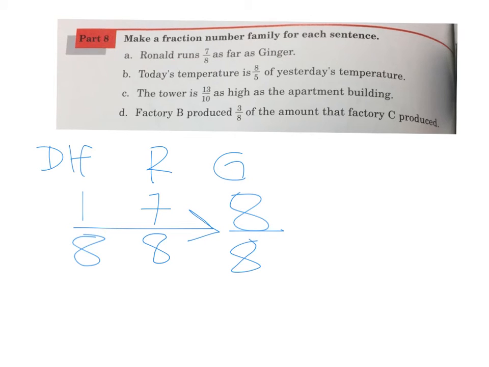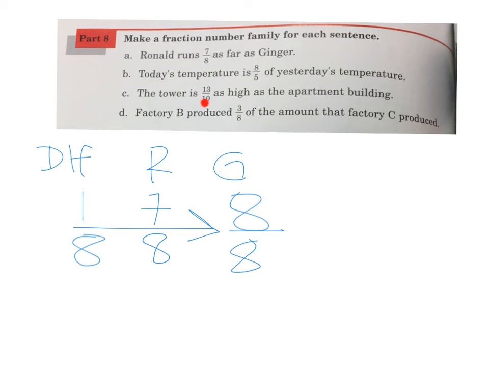So here's B. Today's temperature is 8/5 of yesterday's temperature. Again, for B, it says today's temperature is 8/5 of yesterday's temperature. Remember, if you want to solve it, go ahead and pause it, and then here's C. The tower is 13/10 as high as the apartment building.